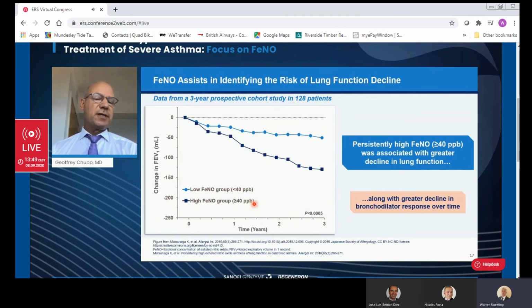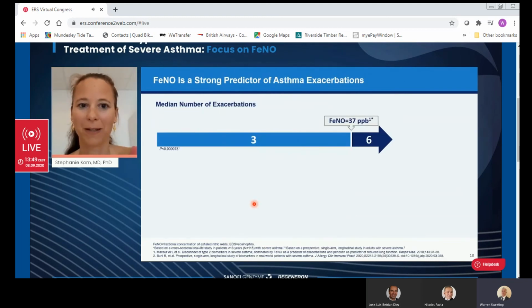With some studies showing that levels above 25 parts per billion is associated with poor outcomes and can be predictive of more severe disease. And this is also true when looking for exacerbation. So it's not only a predictor for declining lung function, but also a very strong predictor of asthma exacerbation.